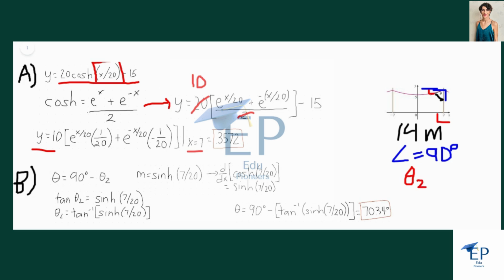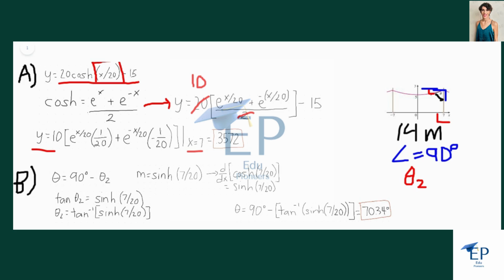As you know from right angles, 90 minus theta 2 equals theta because of the complementary property of right angles. So what we can do is take the slope from part A, which was equal to sinh of 7 over 20, due to the derivative of cosh 7 over 20 being sinh 7 over 20.